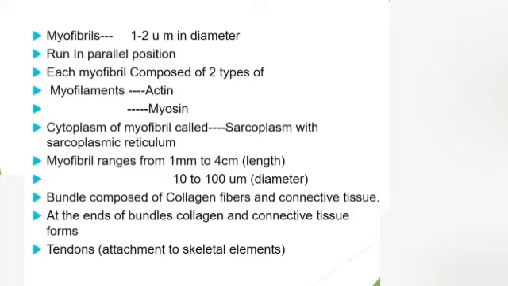Each myofibril is composed of collagen fibers and connective tissues, and at the end the bundles of collagen and connective tissues form tendons. And as we discussed, the tendon is the attachment of the muscles to the skeletal elements.